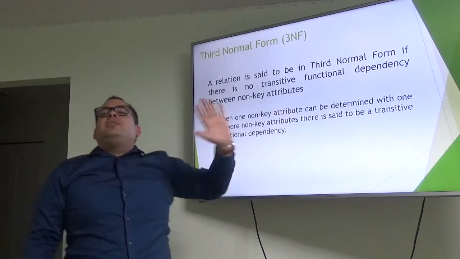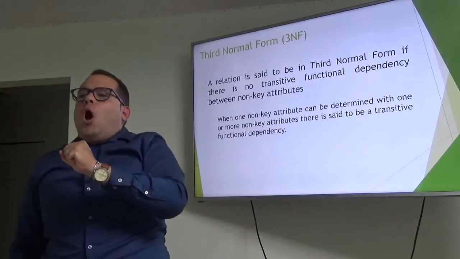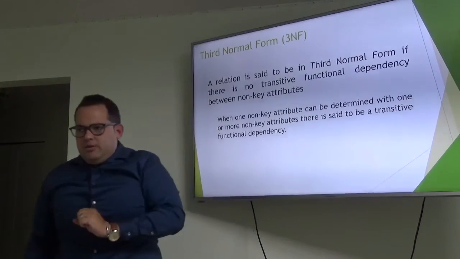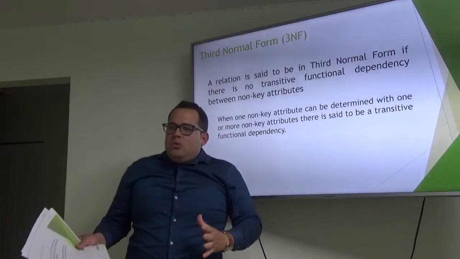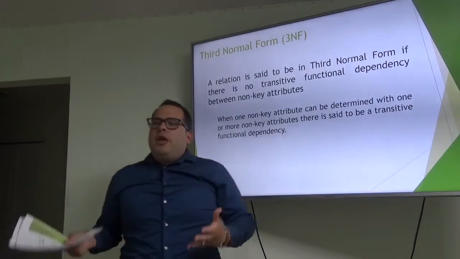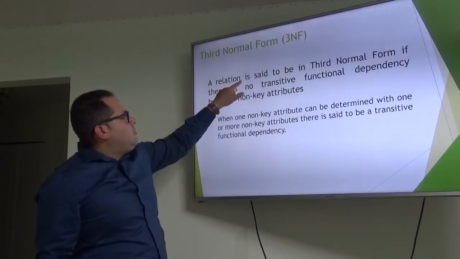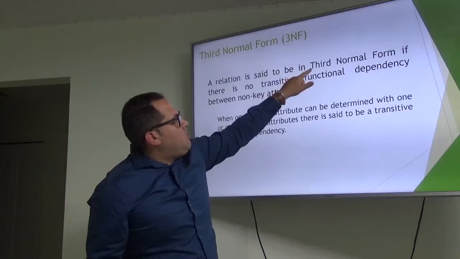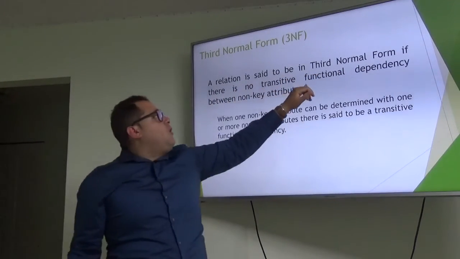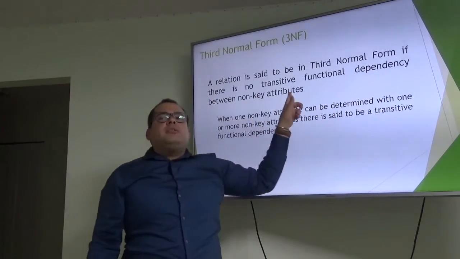Well, until the second normal form we almost optimize our database. Okay? So, what is the importance of the third normal form? A relation is said to be in third normal form if there are no transitive functional dependencies between non-key attributes.